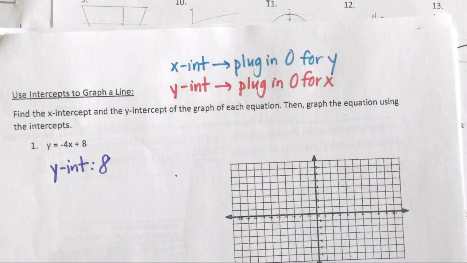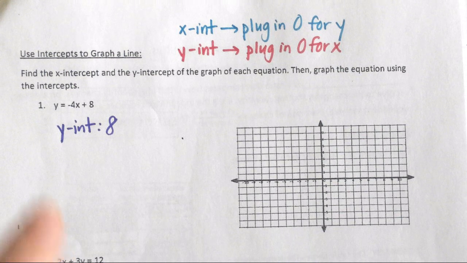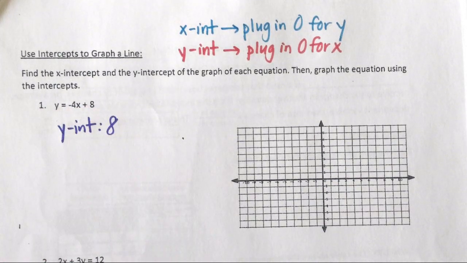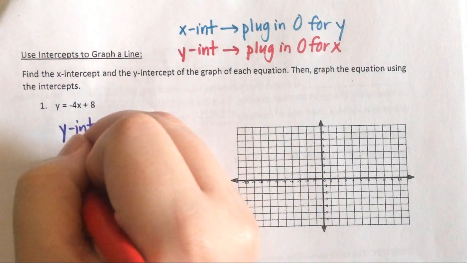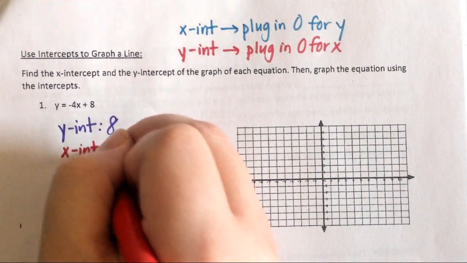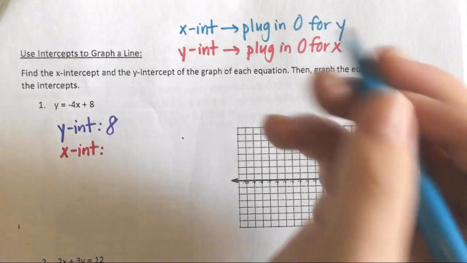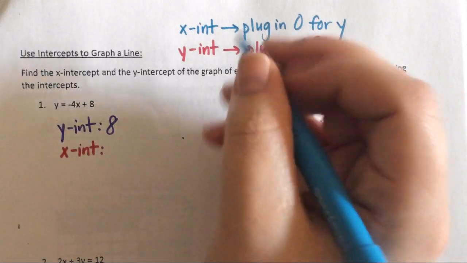So basically, whatever variable you're looking for, plug in a 0 for the other variable. So back to number 1, if we had plugged in a 0 for x, of course it makes sense that the y-intercept is 8. So if you plug in a 0 for y, what is the x-intercept?